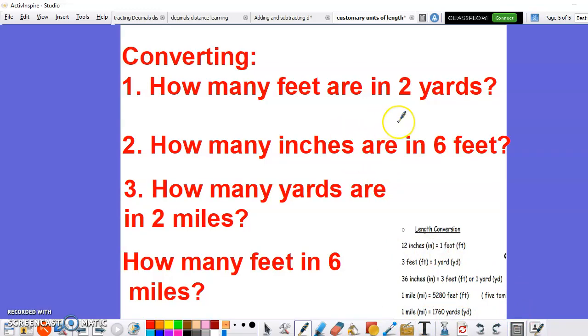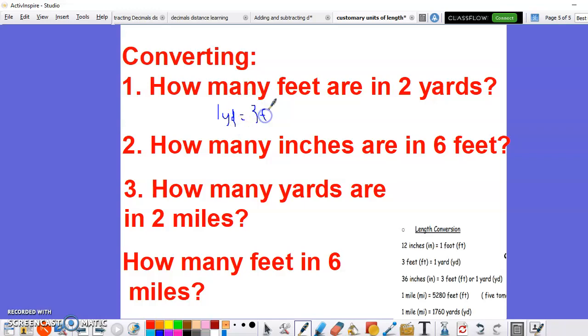How many feet are in 2 yards? So if I'm going from feet to yards, well, first I need to see how many feet make up 1 yard. So 1 yard is equal to 3 feet. Well, I have 2 yards. So for every 1 yard, and I'm going to use the abbreviation, is equal to 3 feet.